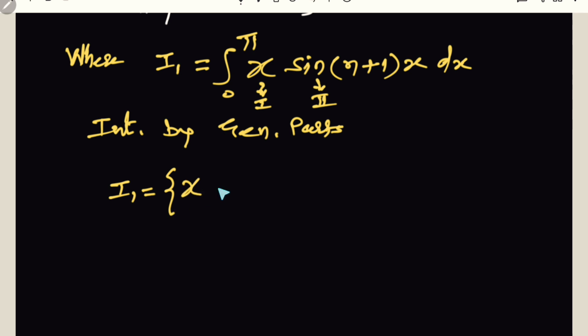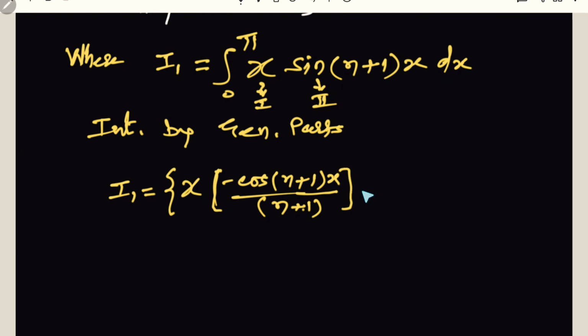first term x, integration of sine as minus cos of n plus 1 times x whole divided by n plus 1, coefficient of that x, minus derivative of x which is 1.